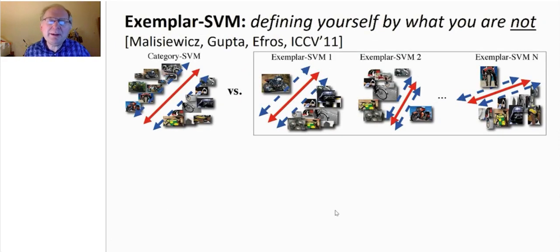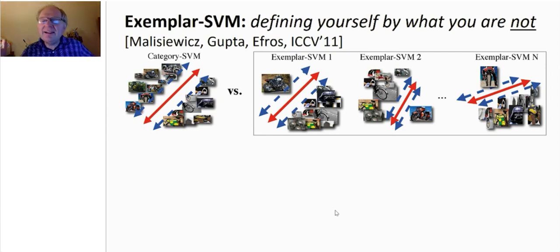And so in a follow-up paper, we decided to just get rid of categories completely and say, okay, can we define every instance by how different it is from all the other instances in the data? So this is one-against-all classification. You basically define yourself by what you are not, rather than the company you keep.